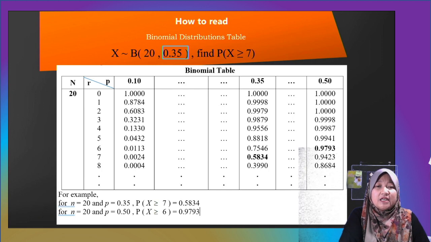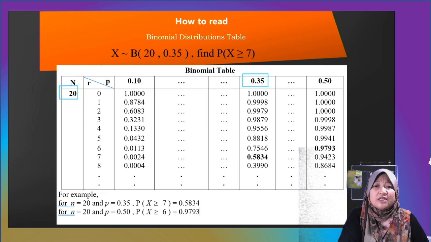Kita kena buka dalam buku, cari dulu probability dia 0.35. Okay, kemudian awak cari N dia 20. Okay, cari kawasan yang menepati taburan ni. 20 dan 0.35. Okay, kemudian bila kita tengok soalan, dia kata X, mesti X greater than or equal to 7.